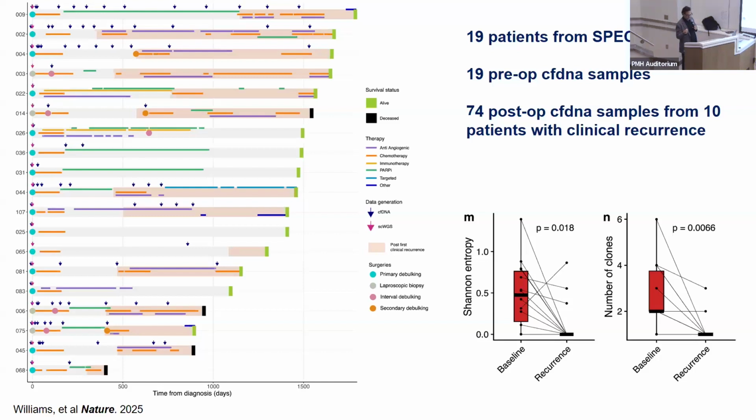Only a few clones actually withstand therapy. We're a little bit biased because the clones we're defining are the ones that we can see at diagnosis. We're not doing a secondary tissue analysis where we can discover new clones. However, from those observations at diagnosis, we can see that very few actually survive to recurrence.